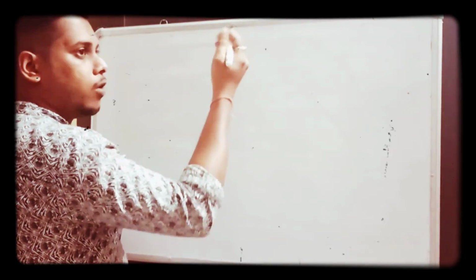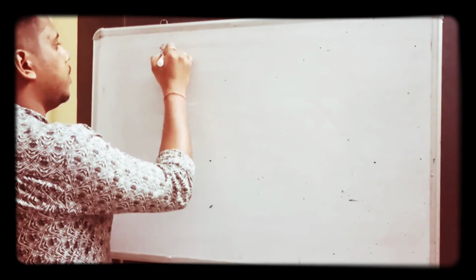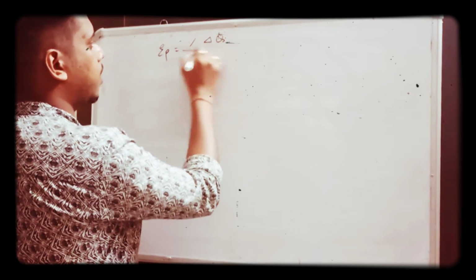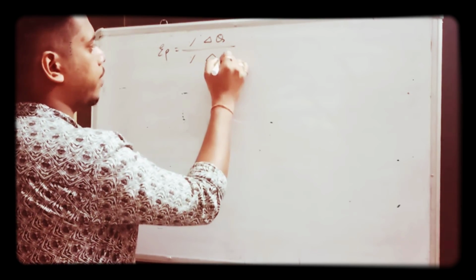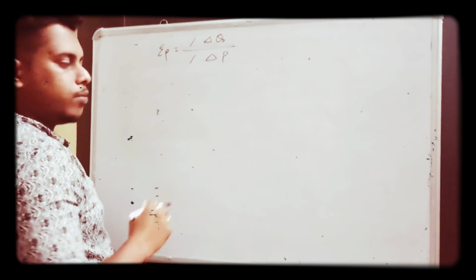And how is the percentage method's formula derived? We know EP equals percentage change in quantity demanded by percentage change in price. Okay. So this is the initial statement of the formula.